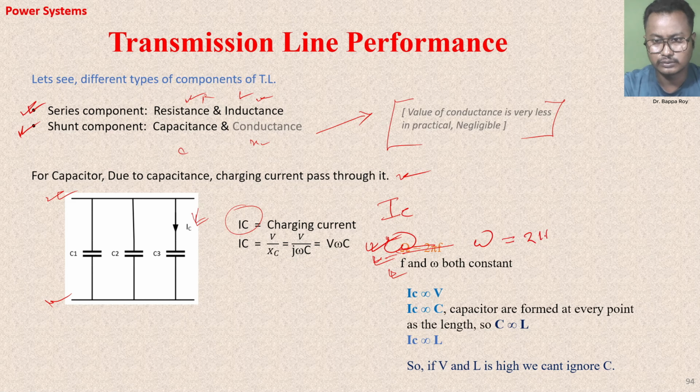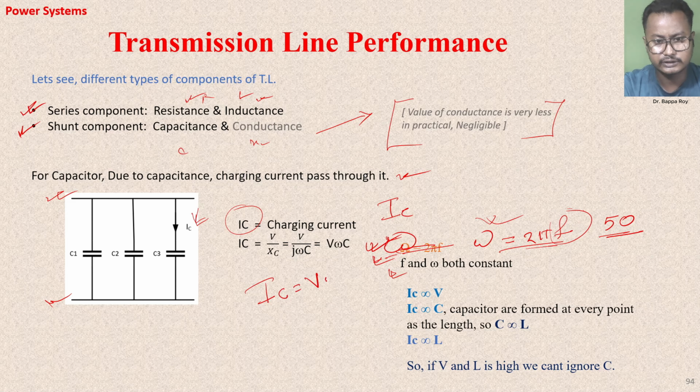Omega is equal to 2 pi f. F and omega are both constant because f is constant. Why is it constant? We use 50 hertz frequency in India, so it's a constant value. So omega will also become constant. Is it clear?